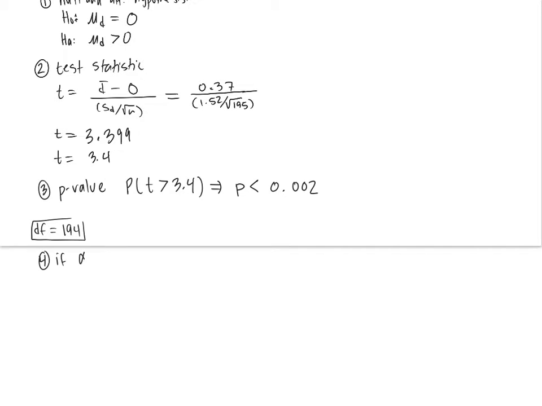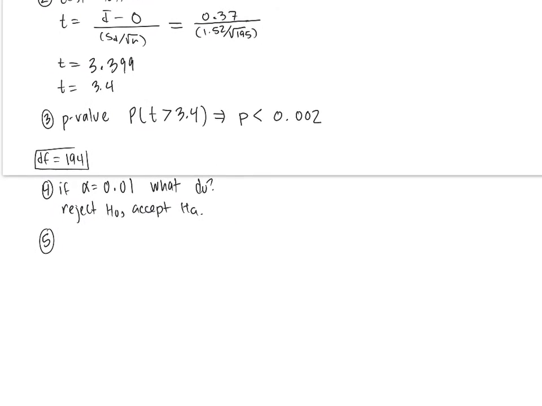Okay, if alpha equals 0.01, that's what they told us, right? Do we reject H naught or fail to reject H naught? Reject H naught. And step 5 is to accept HA.